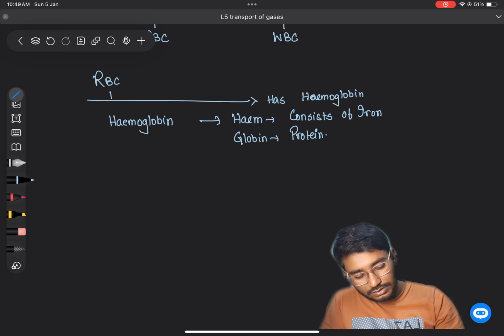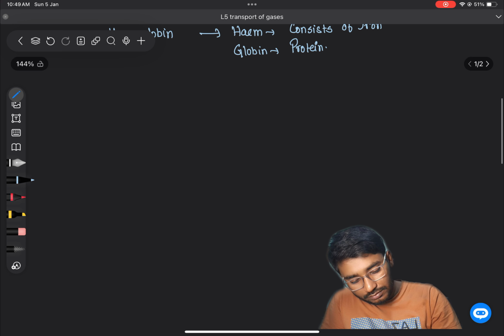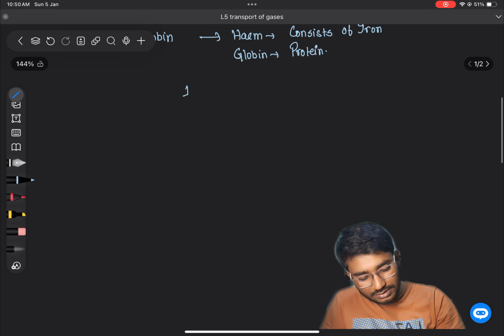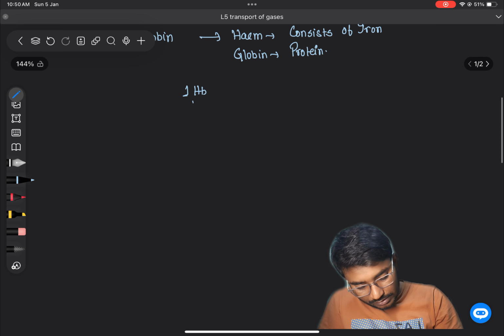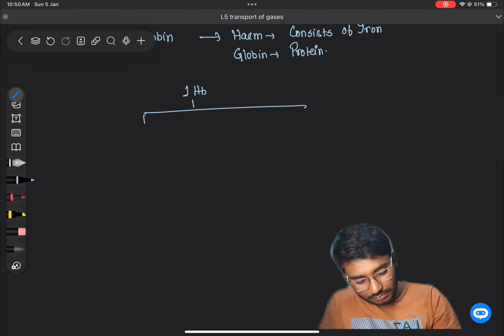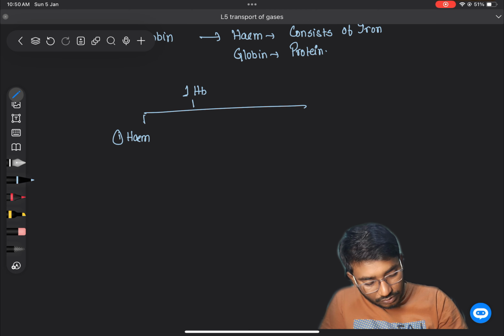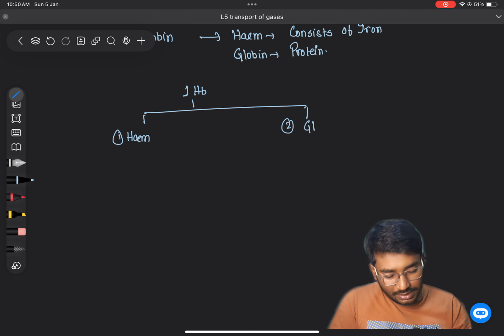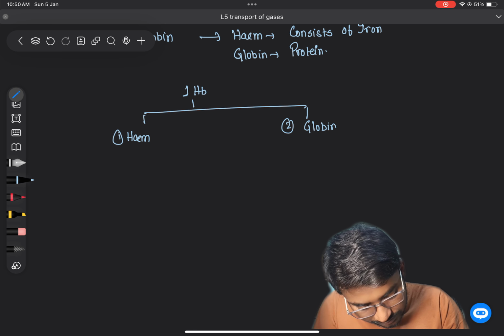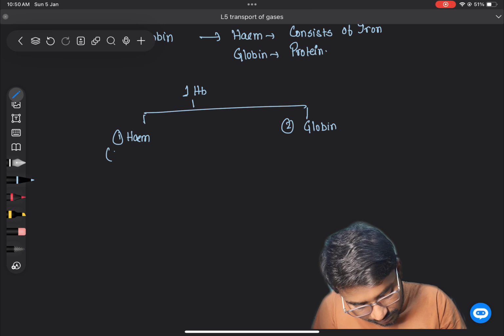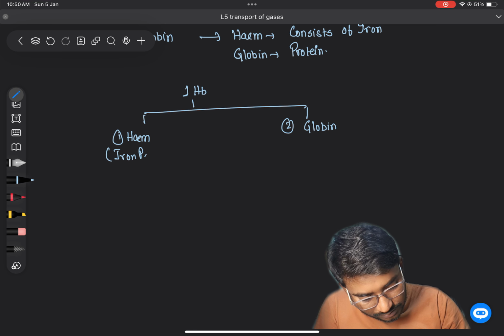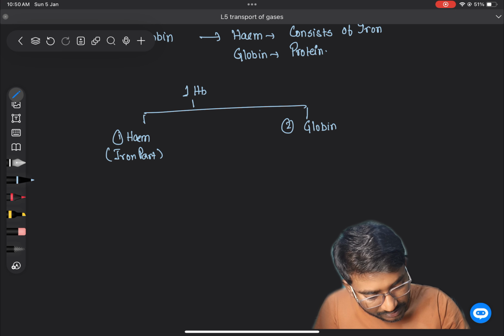So one hemoglobin consists of one heme and the globin. This is the iron part, and this is the protein polypeptide.